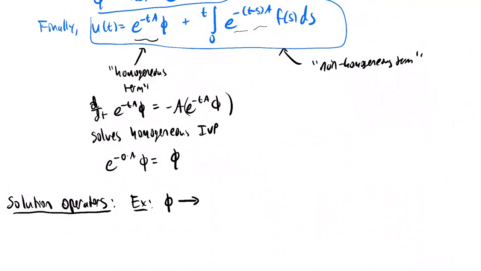Remember, phi is a constant in this case, although when we return to the PDE, it won't be. Let me call this S of t applied to phi. Well, this is a function, and the output of the function is the solution to the differential equation. So this solves the homogeneous ODE that we just saw.